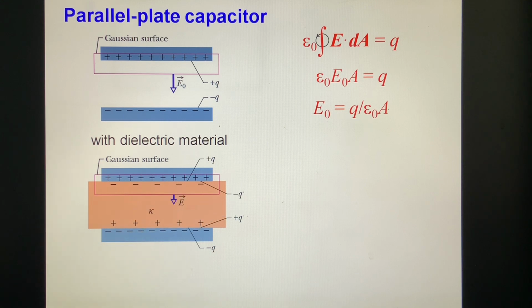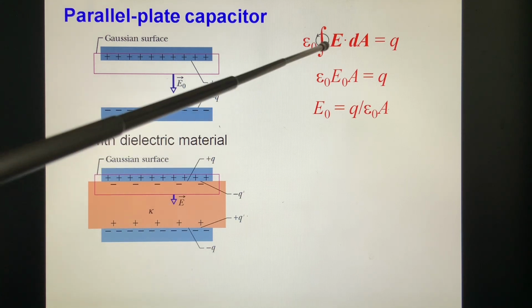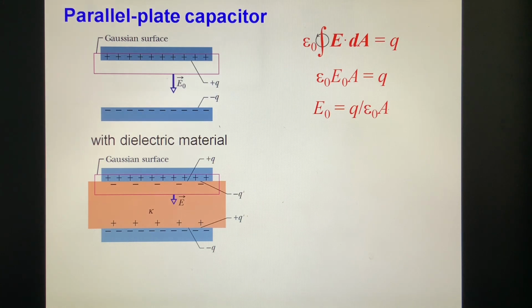By symmetry, the E on the bottom surface will be the same as the one I want to find. And we have four side surfaces. We know the four side surfaces have E dot dA equal to 0 because they are perpendicular. Right? Now, similar to this one.